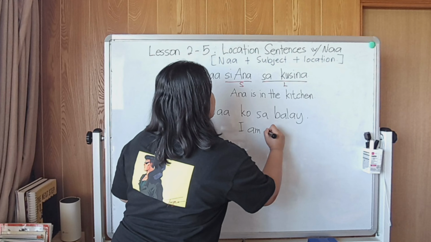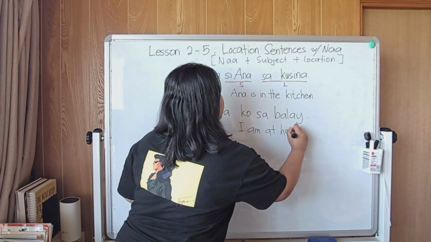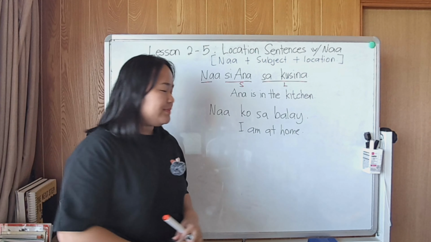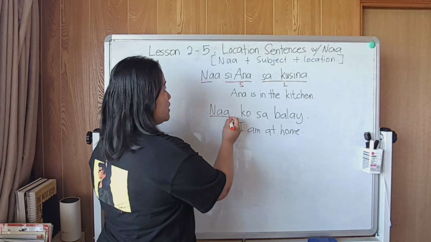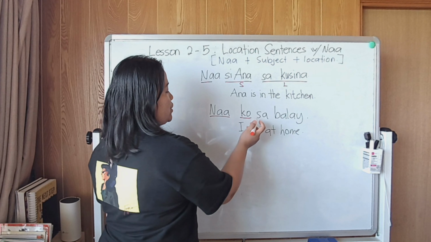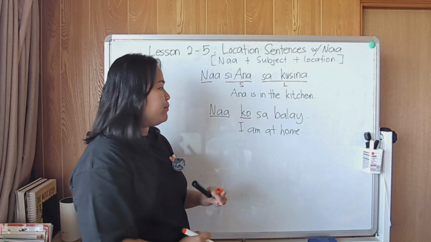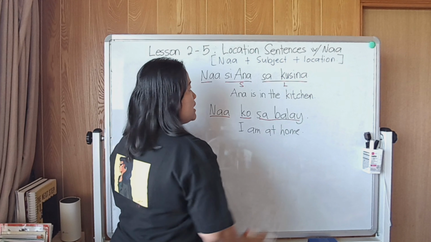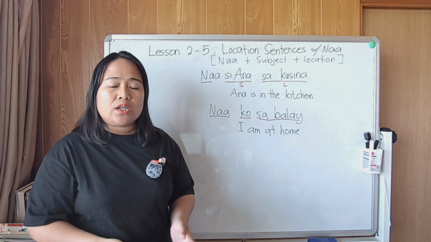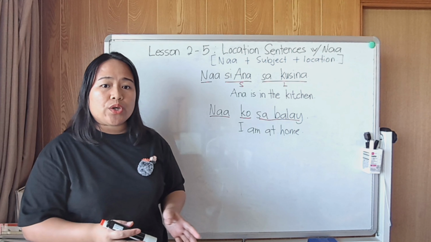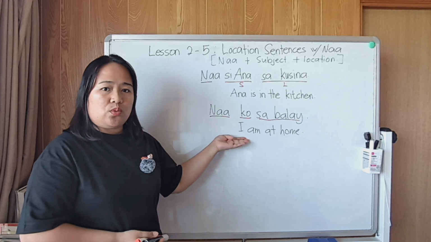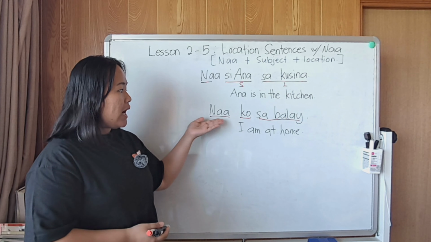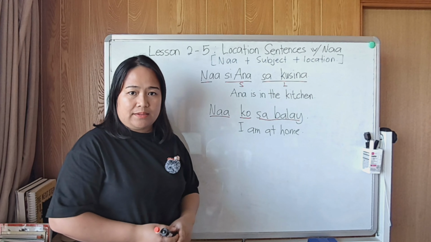So the order is naa. The subject is the short pronoun ko. And the location is sa balay. Do not translate English word by word. English says, I am at home. But Cebuano says, naa ko sa balay.